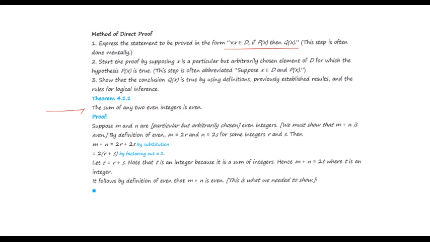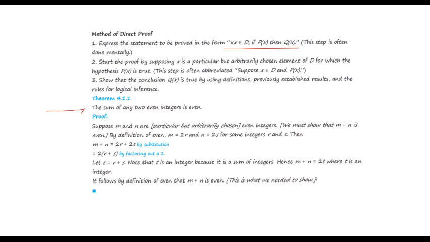It says the sum of any two even integers is even. So the formal way would be: for every m and n as two integers belonging to Z, if m and n are both even, then m plus n, which is the summation of these two integers, would also be even. So what is the assumption here? m and n are even integers.